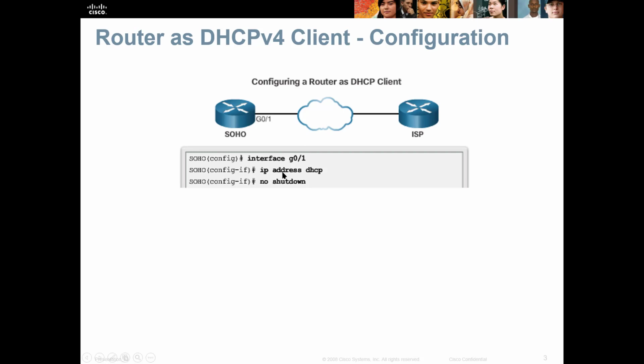This would be the same command you'd issue if you were going to attach an actual address here. IP address 192.168.10.4 with a mask 255.255.255.0. It's the same command, only now you're calling out DHCP, and then you're turning it on. You're saying, I want no shutdown, right?